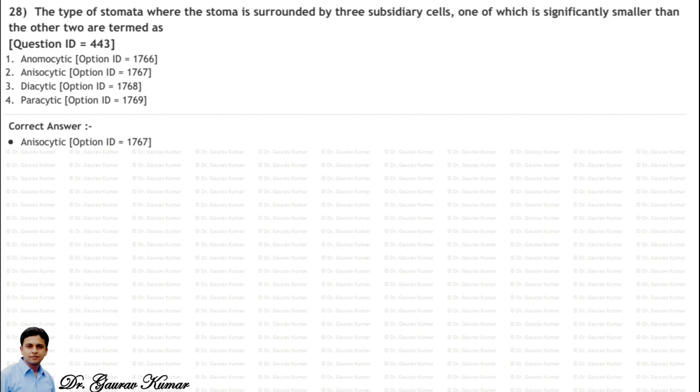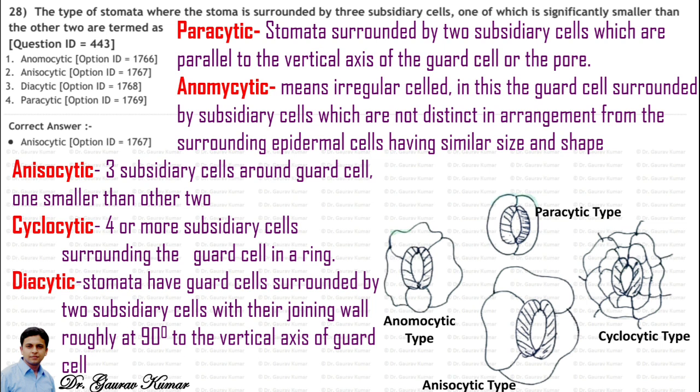If you are seeing my videos from the 2014 question paper till now, you will be seeing this question almost 3 to 4 times repeated. So you will immediately recognize this slide and the answer also. Here I have just given the explanation for a few important stomata types and the figure also. Please spare me for my bad drawing.